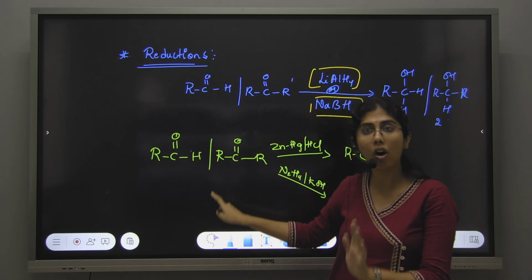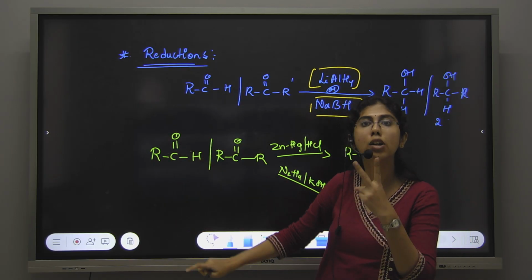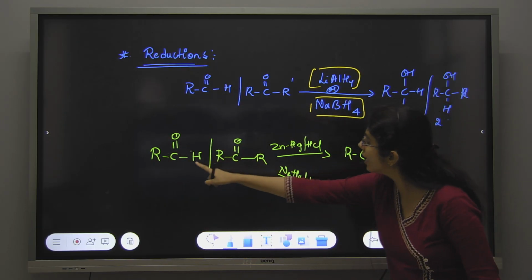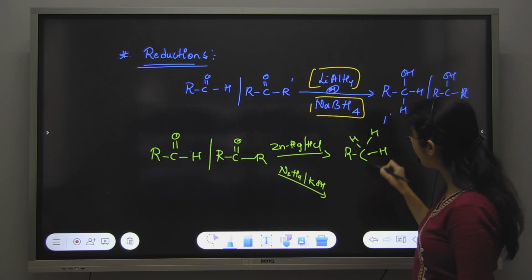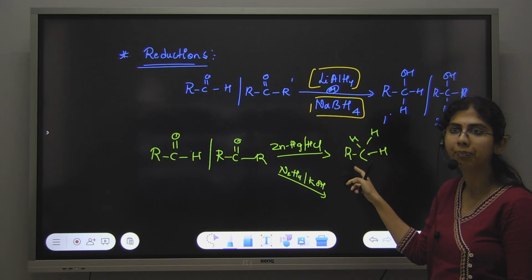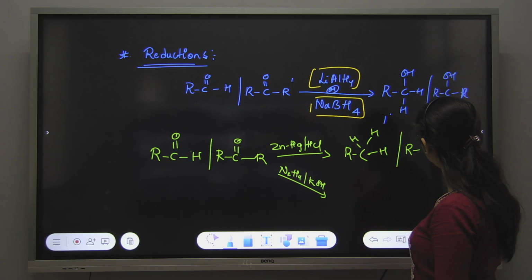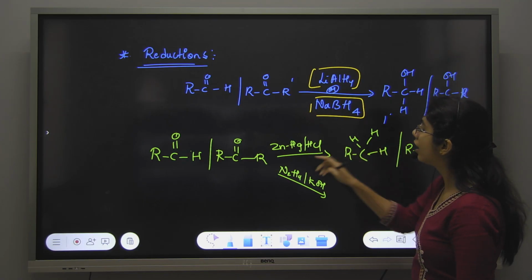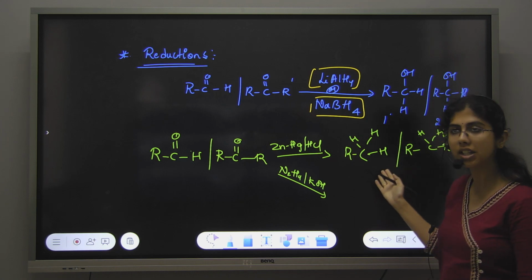In place of one oxygen you would add 2 hydrogens. One hydrogen was already present on the carbon, and 2 more hydrogens are added. This becomes RCH3, that means it is an alkane. R as it is, remove the double bond O, add 2 hydrogens. Again this is a hydrocarbon.